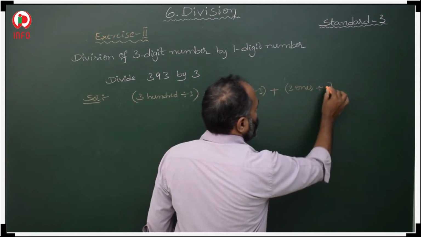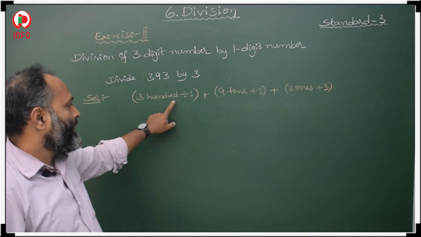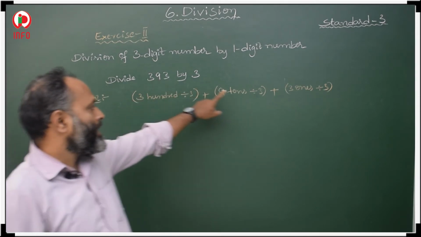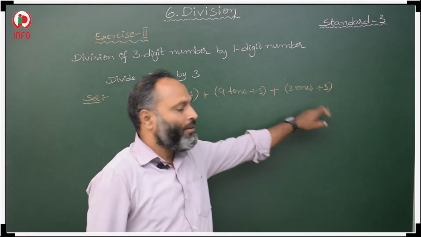All this we have to divide by 3. First 3 hundreds divided by 3, 9 tens divided by 3, plus 3 ones divided by 3.